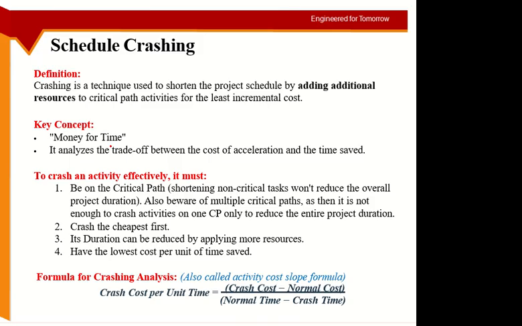Crash cost is the cost you will ask for if you maximize the resources. When you maximize the resources, your time is minimized. So crash time is your minimal time. So crash cost is with maximum possible resources, and crash time is with minimum possible time. So this will give you per time cost.